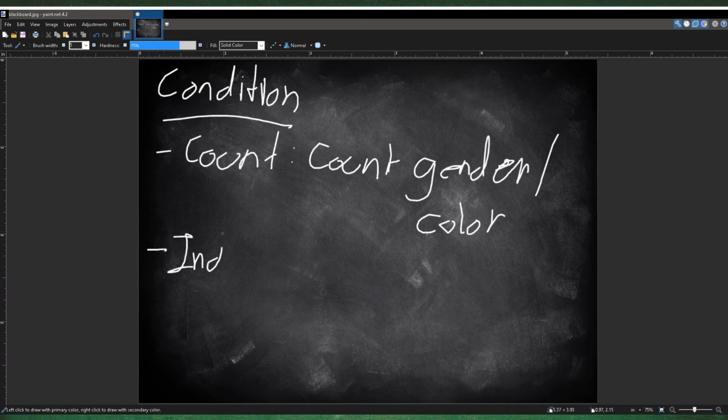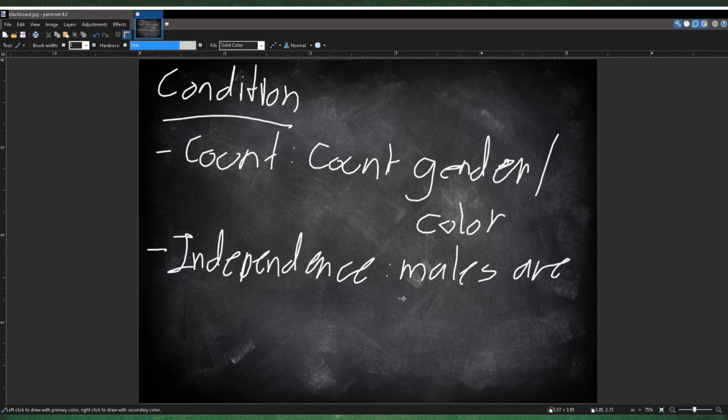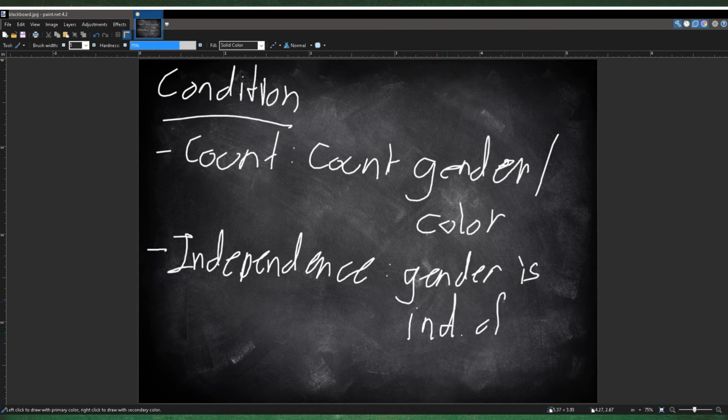Independence. So basically, gender is independent of color. I just put IND of color.